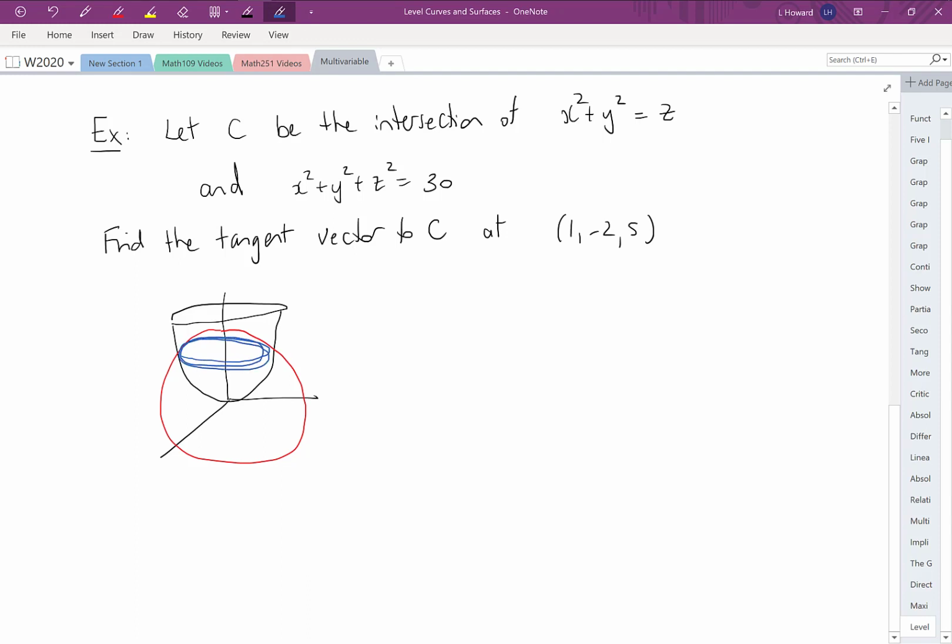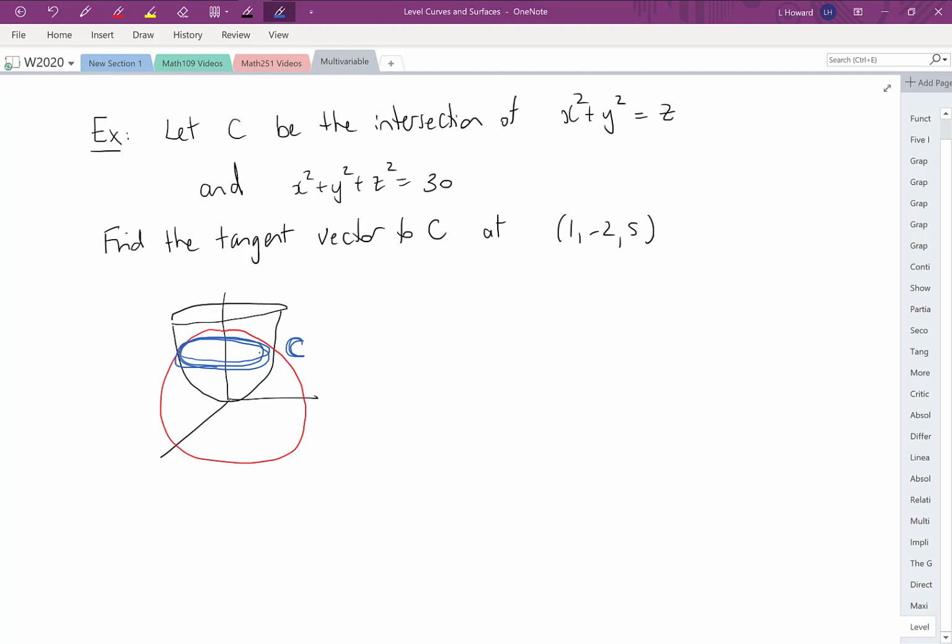In this example it turns out to be a circle, but we don't really need to know that to solve the problem. That blue curve there is C, and no matter how complicated the equations for your surfaces are, we can still follow the method we're going to use in this problem to find the tangent vector.